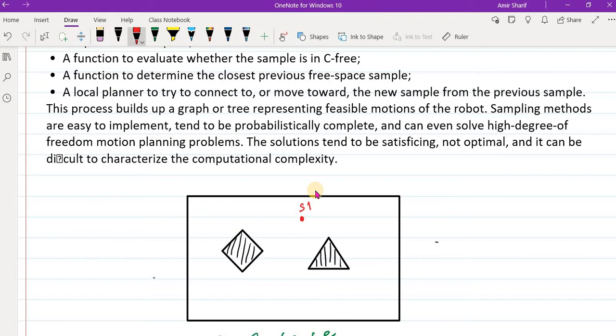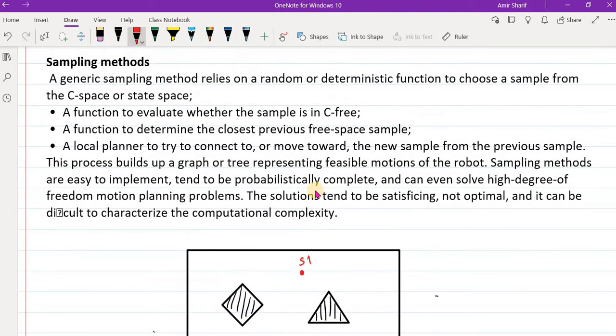If it's in C free, then this sample will be used further. In the further step, we need a function to determine the closest previous free space sample. So we look for the previous samples that we have already taken from C free.